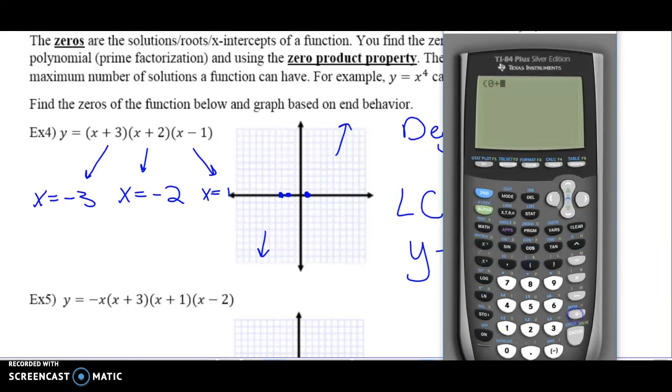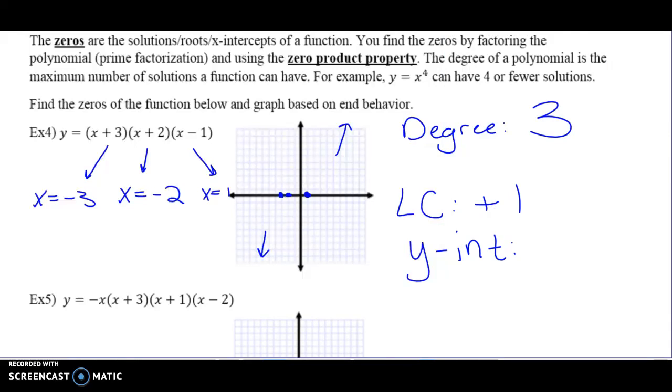It's 0 plus 3, 0 plus 2, 0 minus 1. So just write the equation, plug in 0 for all the x's and hit enter. What's my y-intercept? -6. Go ahead and write it as a point. So over 0, down 6. Go ahead and put that on your graph. That's just another thing that makes it more accurate.